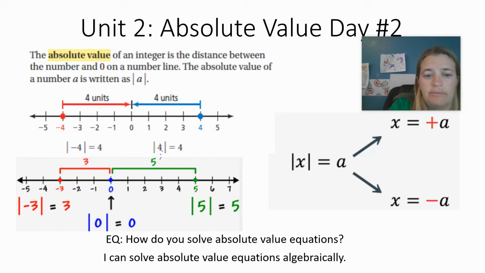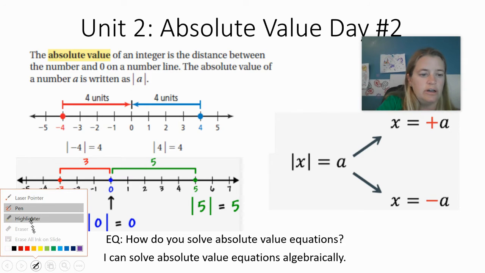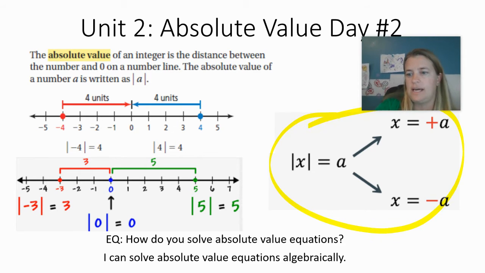And the distance of +4, or the absolute value of +4, has that same positive distance of 4. And then this is just a refresher on the steps. When you have an absolute value equal to a number, you're going to split it up into 2 different equations, one where the answer is negative and one where the answer is positive.